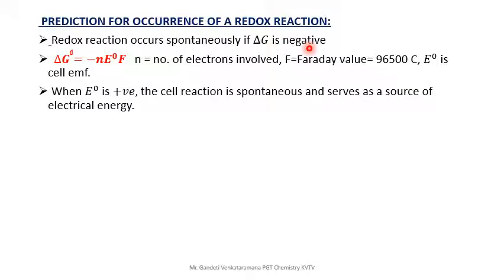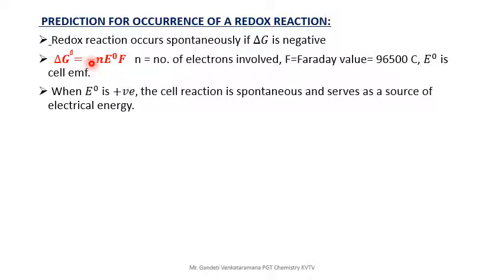According to the formula, when E naught is positive, then only delta G is negative. If E naught is negative, this negative into this negative, again we will get positive, then that reaction is a non-spontaneous reaction. So it doesn't happen.